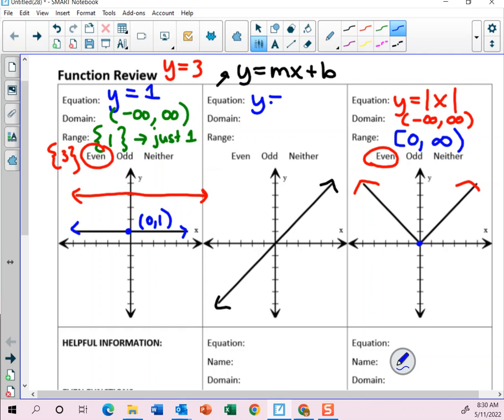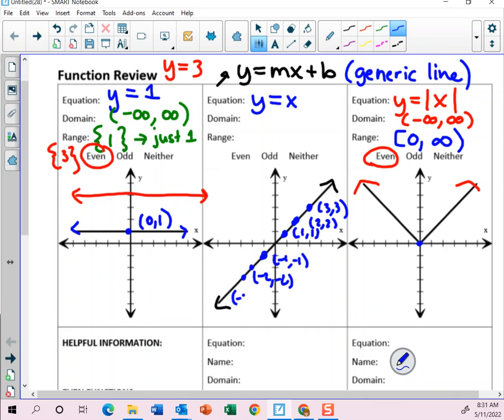This line specifically is the line y equals x. Okay, (1, 1), (2, 2), (3, 3) are all points on the line, and same thing into the negatives, (-1, -1), (-2, -2), (-3, -3).